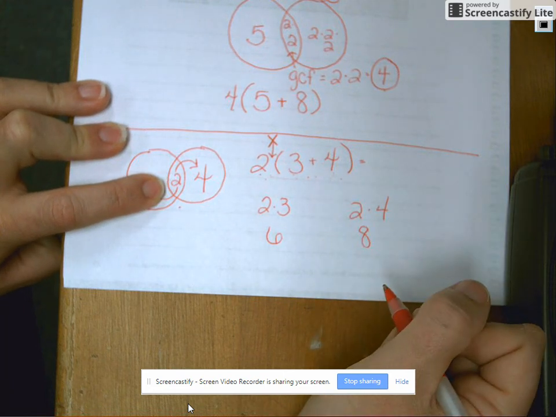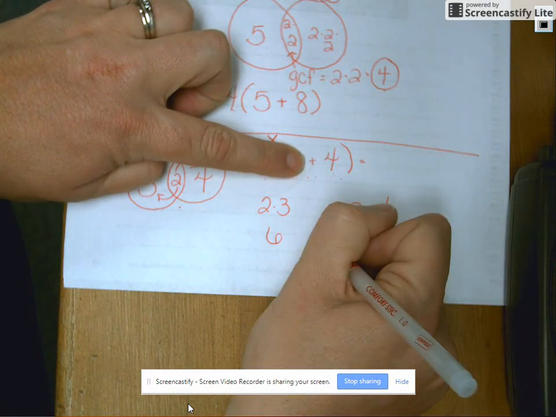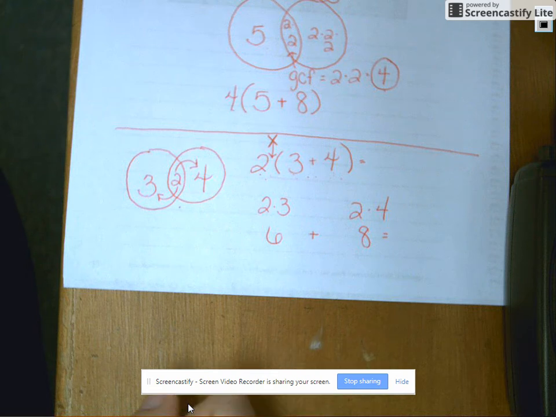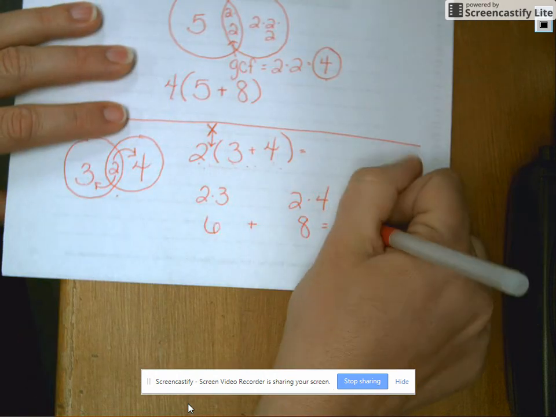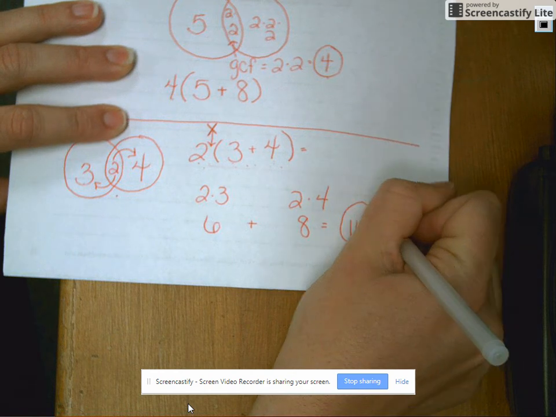I look back in my original problem, and there's an addition sign. And so my problem is just 6 plus 8, which of course is 14. So the answer to this problem is 14.